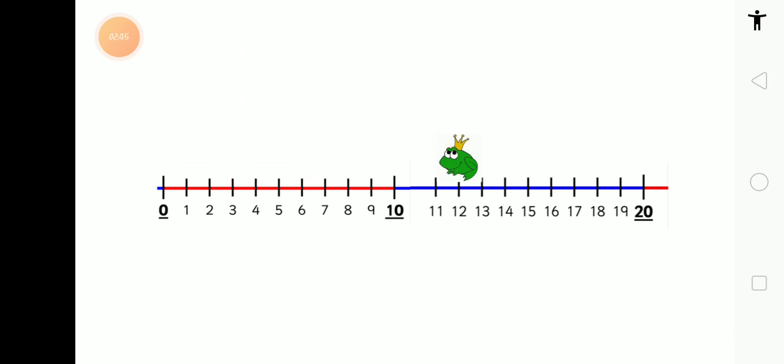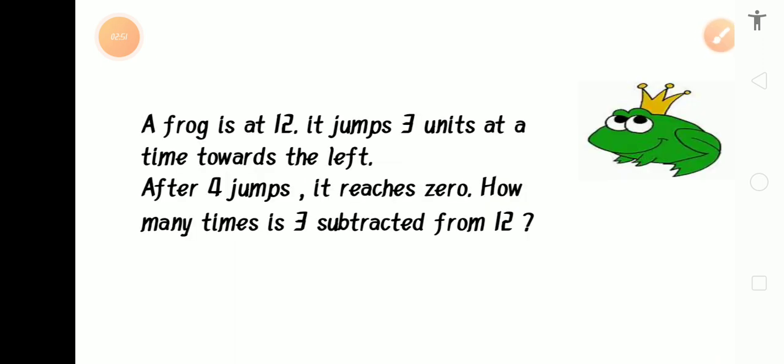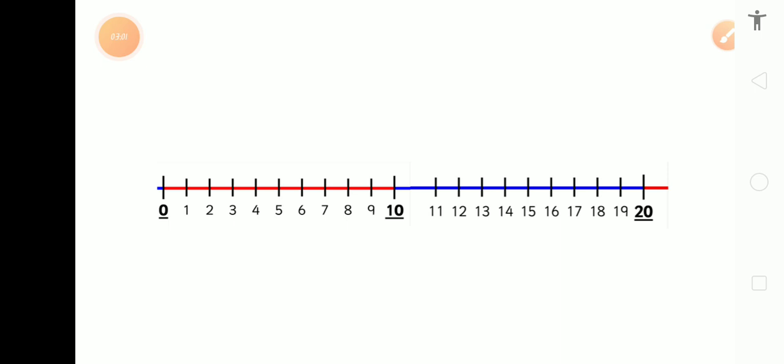Okay children, and the question is asking, it reaches 0. How many times is 3 subtracted from 12? So let's see how many times 3 is subtracted. Here we can see we will subtract 3 from 12 and we get the number 9.